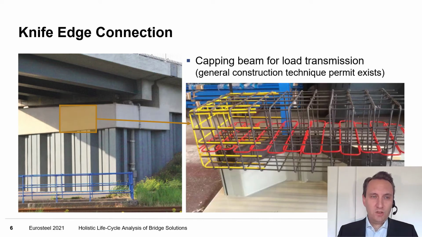If we have a look at the reinforcement design of this knife edge connection, you can see here a model from ArcelorMittal, where it is shown how the different reinforcement bars have to be placed on the top of the steel sheet pile. And with this construction, as I said, you can transfer all the loads from the superstructure into the substructure.